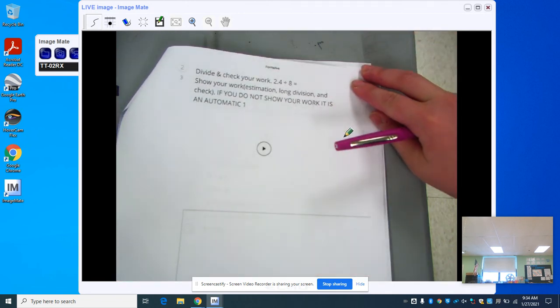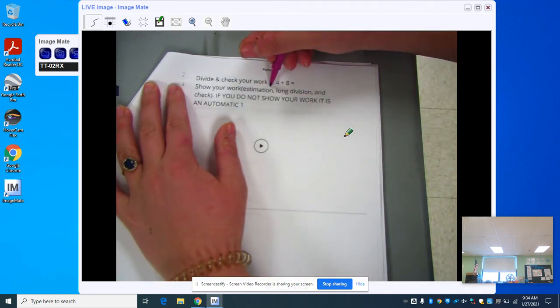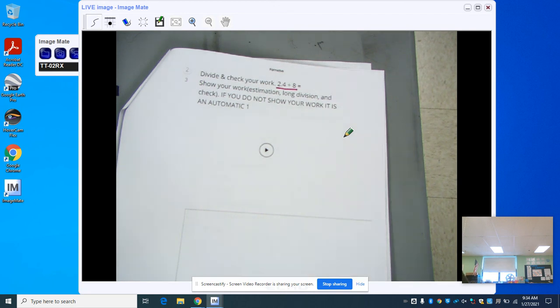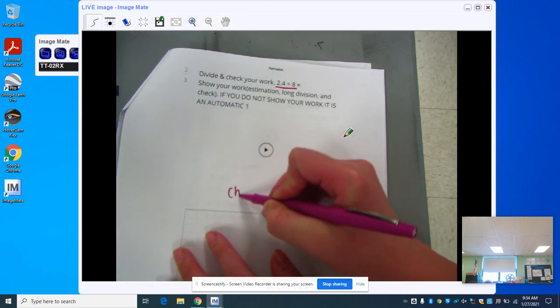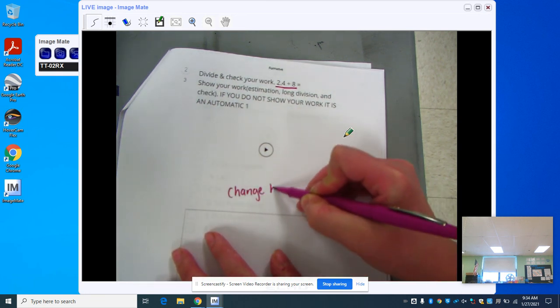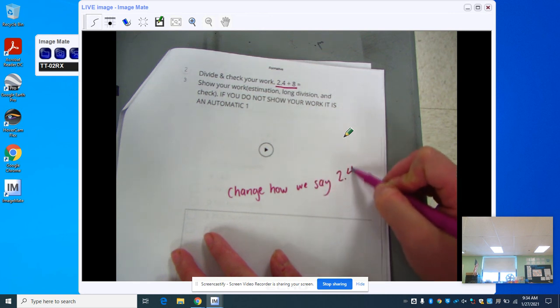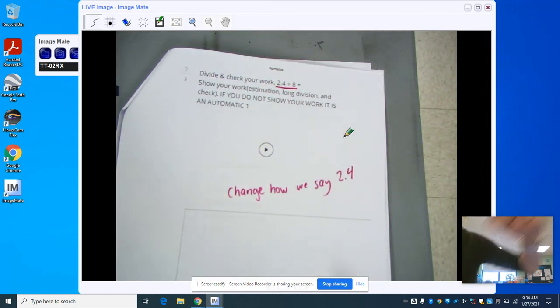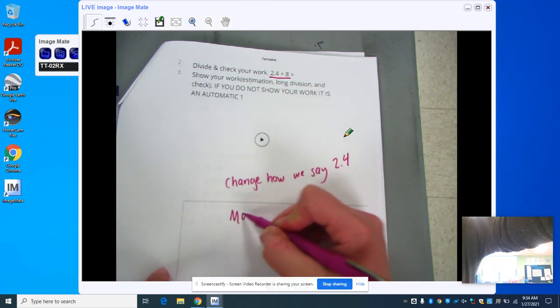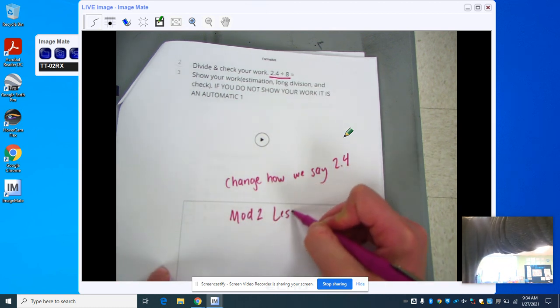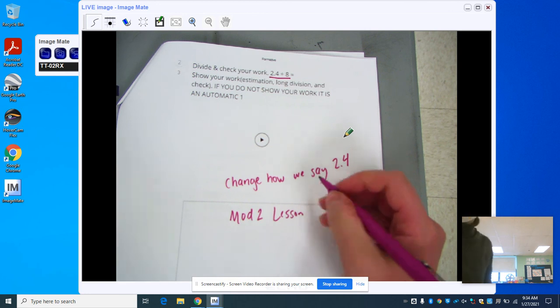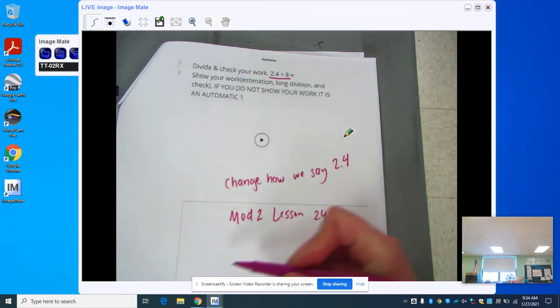Question number 2 is 2.4 divided by 8. So remember, you want to change how you say 2.4. You can find help for this in Module 2, Lesson 24. Here's an example.